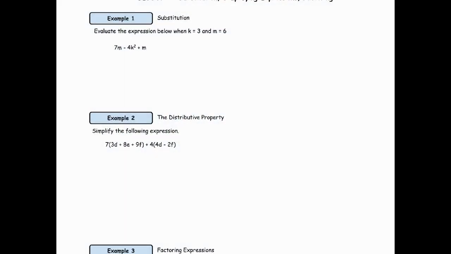Example number 2 has us using the distributive property to simplify the following expression. So it looks like we have 7 times the quantity 3d plus 8e plus 9f, plus 4 times the quantity 4d minus 2f. Keep in mind and always keep aware that we have a subtraction sign in this set of parentheses. So the distributive property says that if we have a number on the outside of a set of parentheses, we can multiply that number to each and every term on the inside of our parentheses.